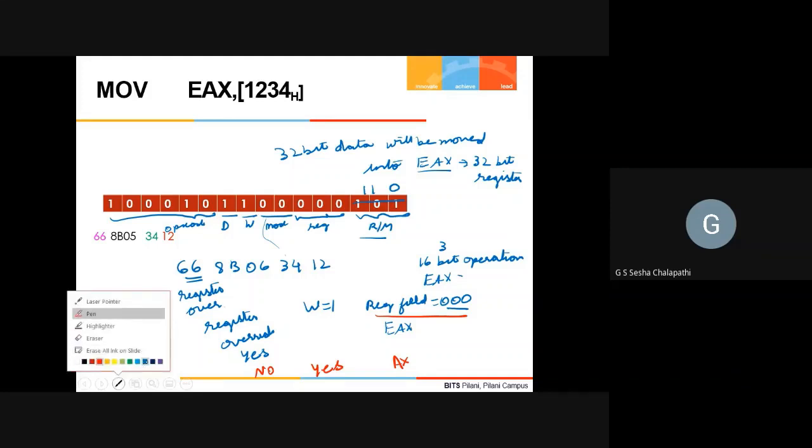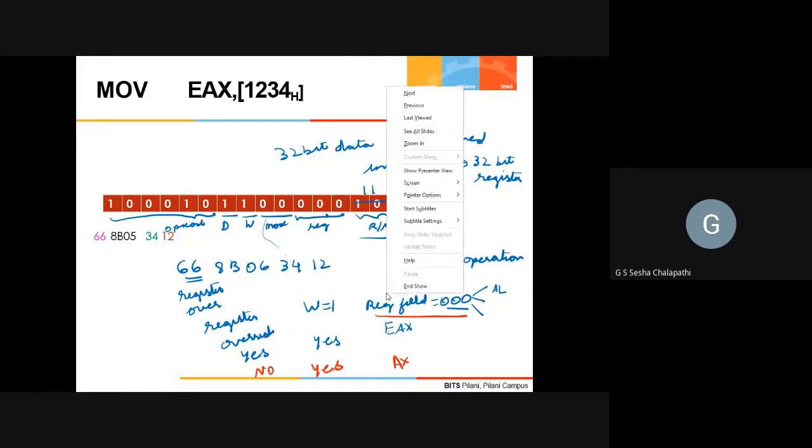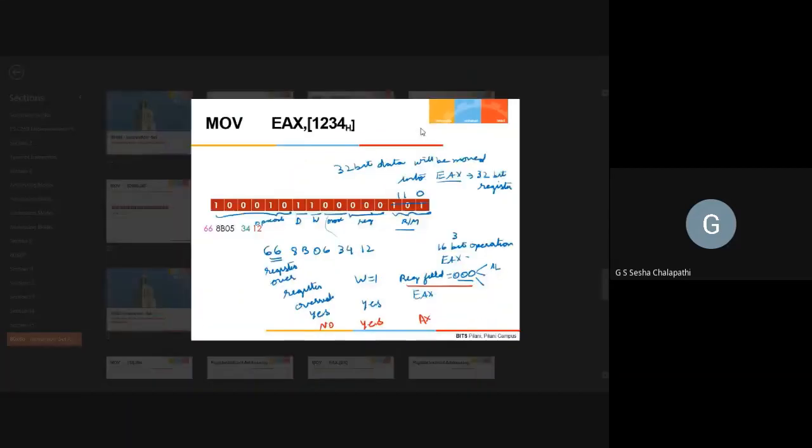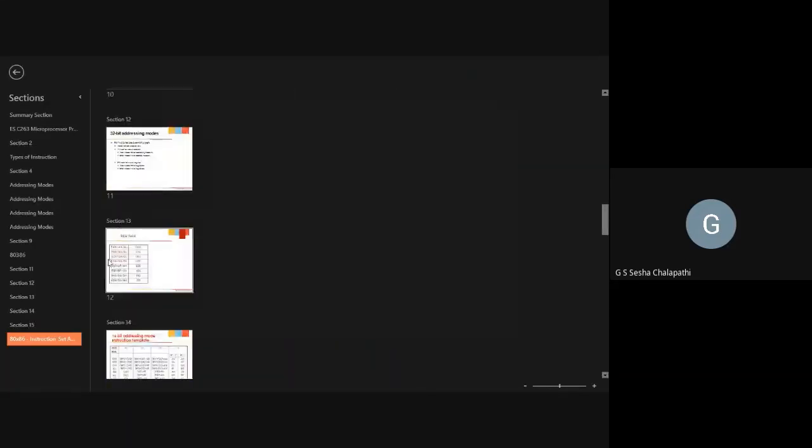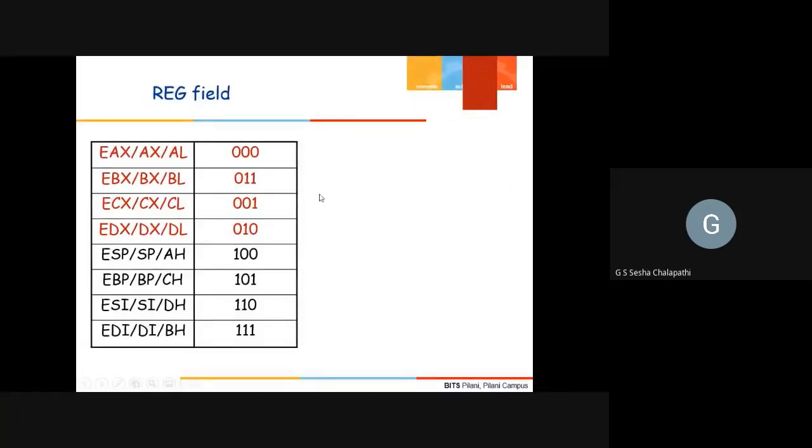So it is all about this particular information, which will tell how the register field will be interpreted. If the register field is 000, there can be three possibilities. One is it can be AL, if I remember correctly. Yes, it will be AL.